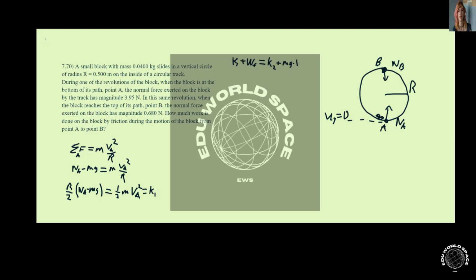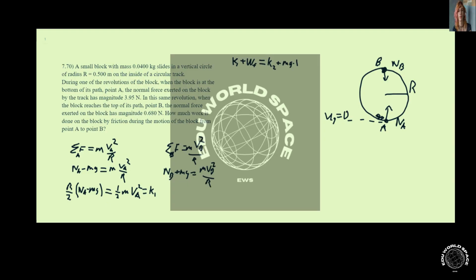Okay, and we can do the exact same thing for point B. The sum of forces at point B is equal to mass times the velocity at B squared over r. This time, the centripetal acceleration vector is pointed down, so that's positive. The normal force at point B is directed down, so that's positive, and gravity is directed downward too, so we have Nb plus mg equal to mass times velocity at B squared over r.